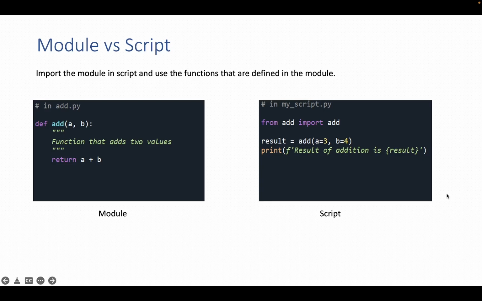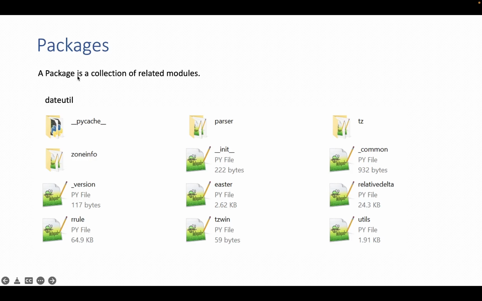It's again not necessary that only you should be using the modules that you have written. You might want to contribute them to open source. Probably you would want to publish this to something called the Python Package Index. We'll discuss what the Python Package Index is later.